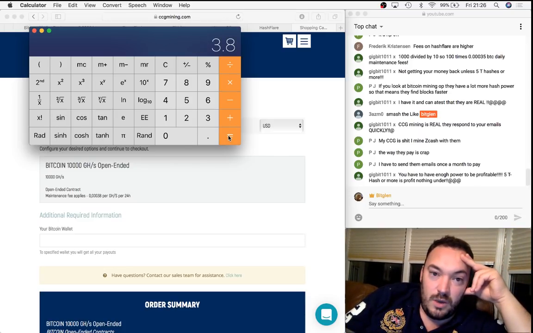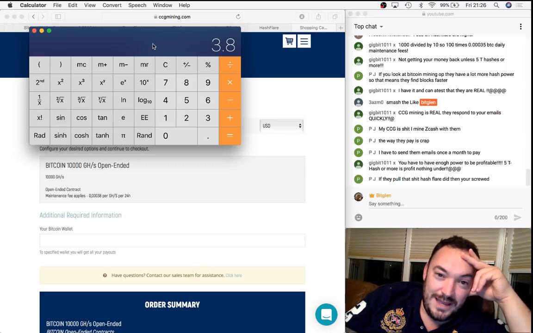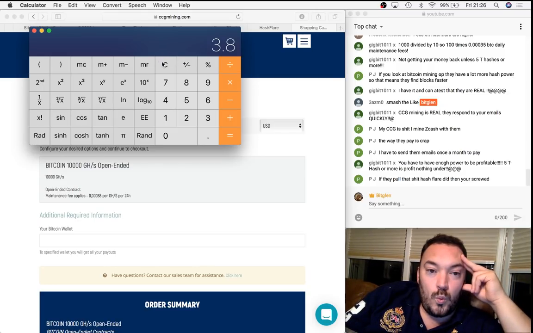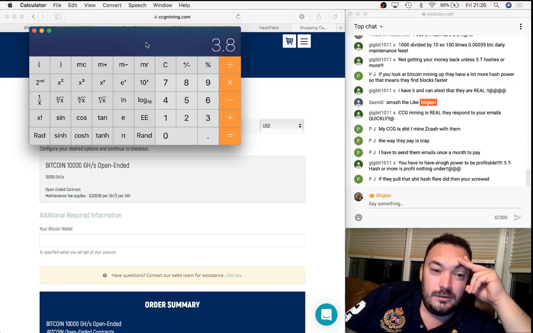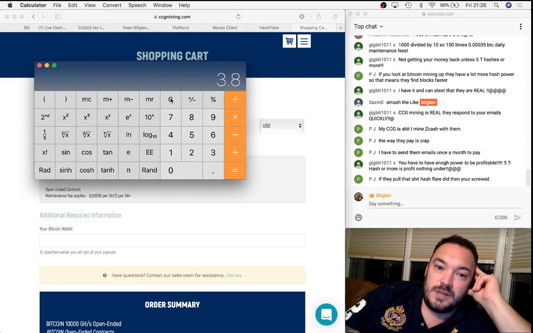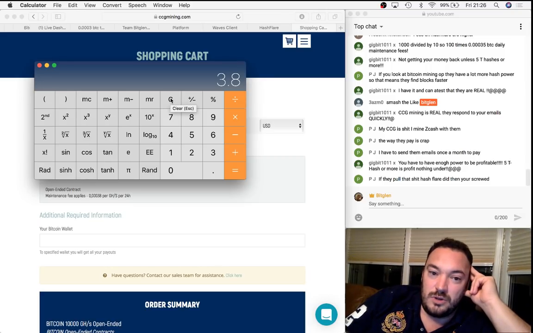So if we equate that, it works out $3.80, and is that per day, per 24 hours? Is that right? That sounds really high. But then again, actually, $3.80, that's how much that would cost you per day.